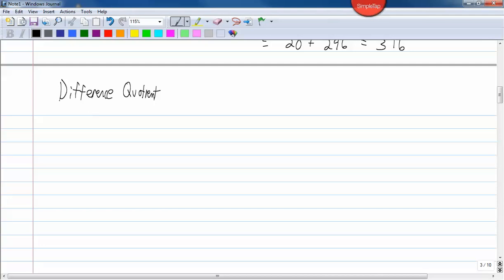Okay? The formula that we use for the difference quotient is f of x plus h minus f of x all over h, where h cannot be equal to 0.